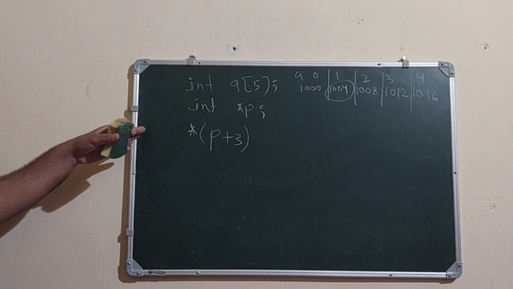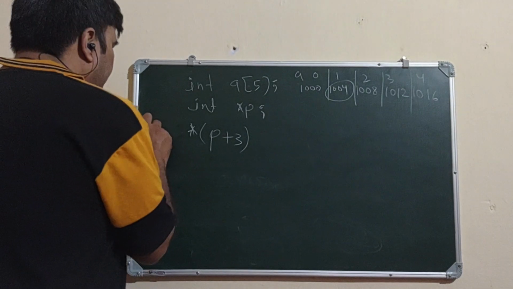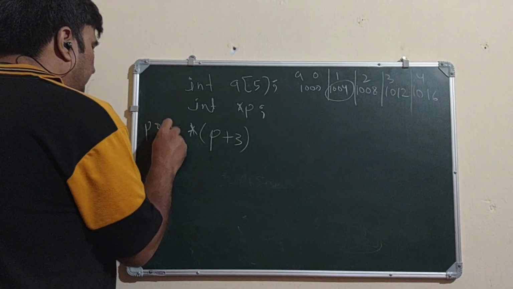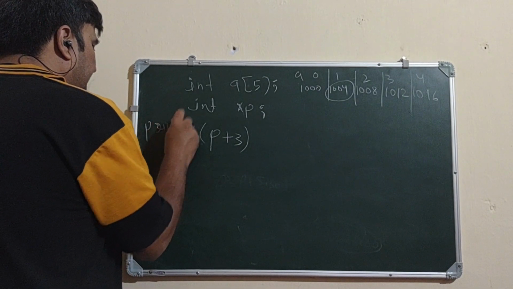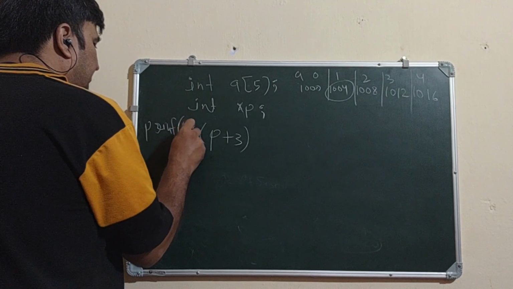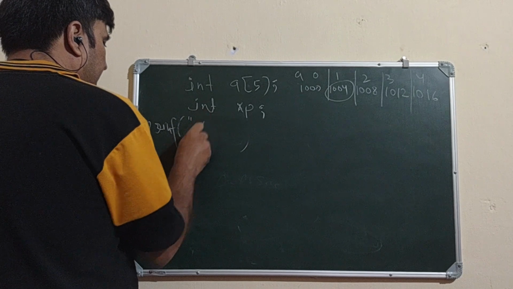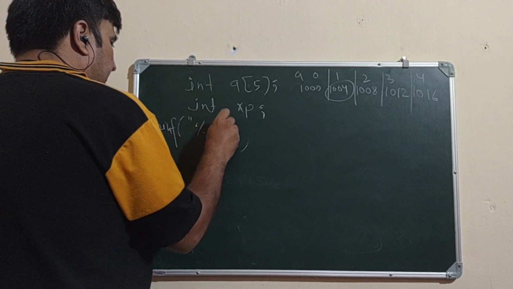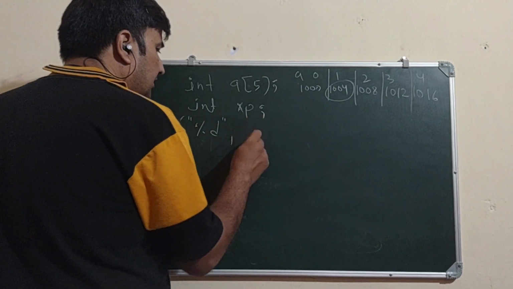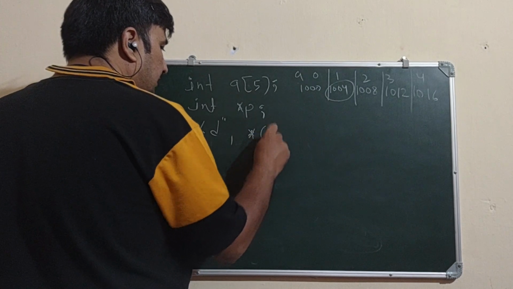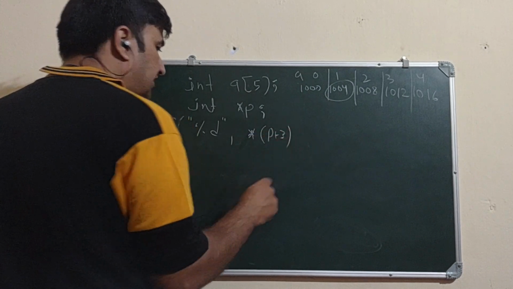After that, obviously I need to write the printf statement, percentage d, and then I need to write content of p plus 3.